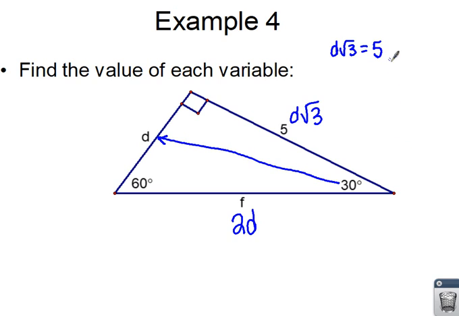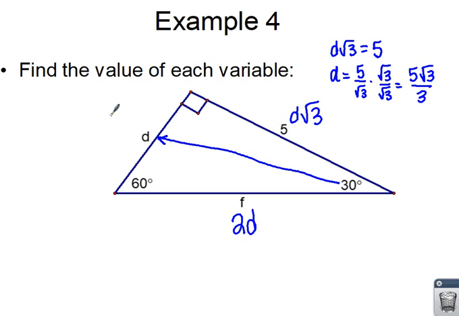Okay, and we need to do some math here. So we divide by root 3. We get 5 over root 3. And if you remember the trick from before where we multiply by 1, we get 5 root 3 over 3. It's ugly, but it's there. Okay?